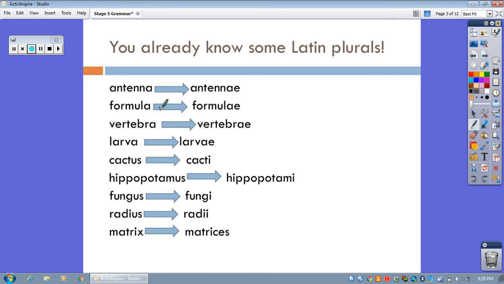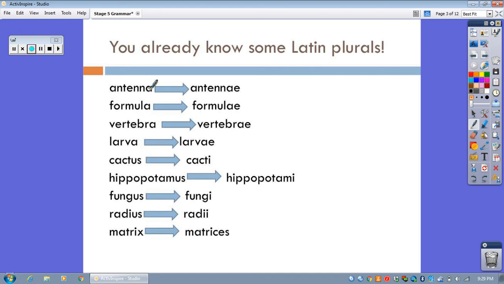For example, in Latin, of course, this would be vertebra, and then vertebrae. Of course, in English we say vertebra, and the plural we say vertebrae, right? So just think about that. Or in English we would say cactus, and then cacti, and matrix and matrices in English, right?